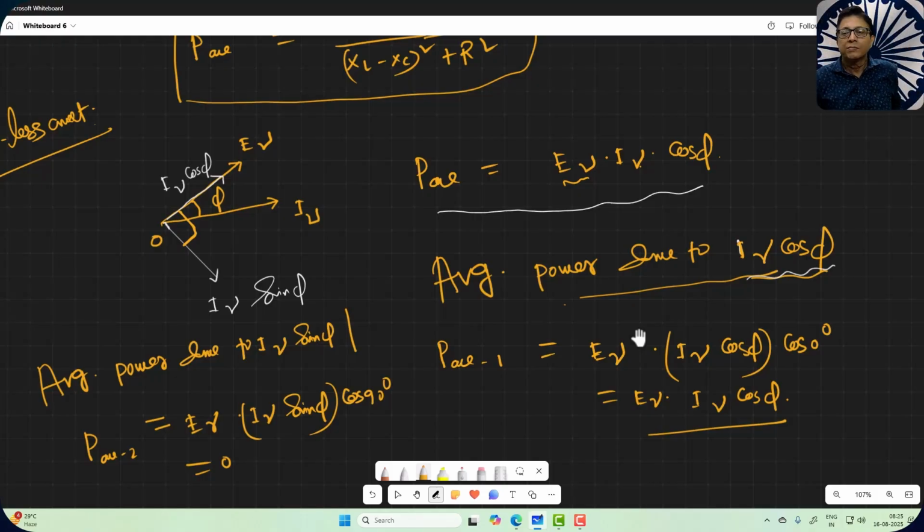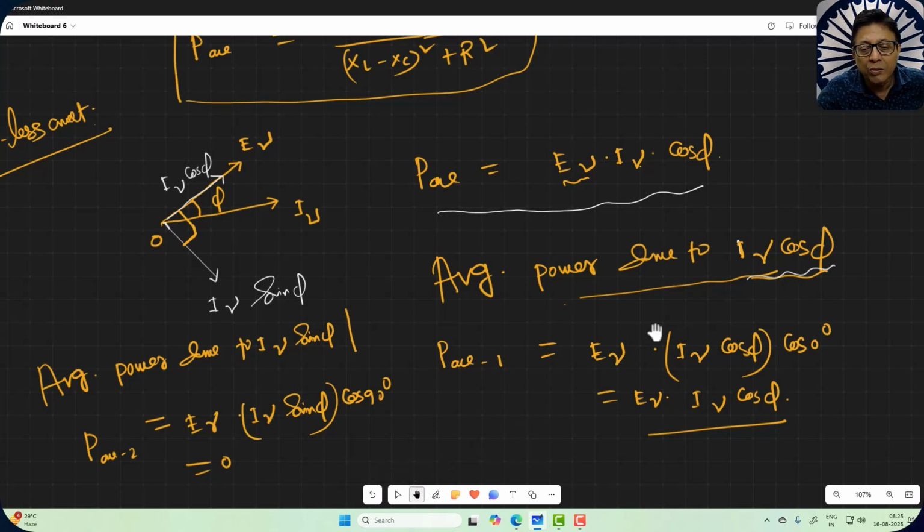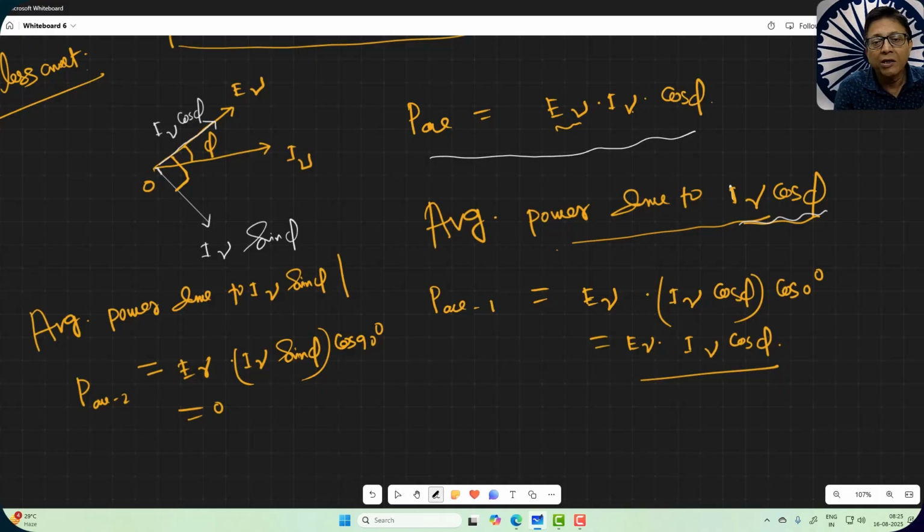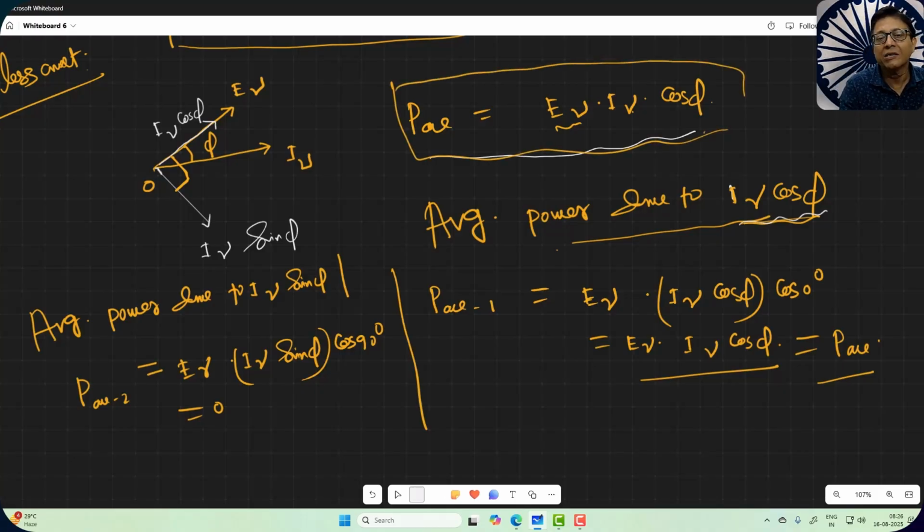What do you observe here? Average power due to I nu cos phi, P average 1, is nothing but P average, the average power we got earlier. But the average power due to I nu sin phi is going to be 0. So what is your comment about I nu sin phi and I nu cos phi? It seems that I nu sin phi has no contribution to the average power. It is due to I nu cos phi only.